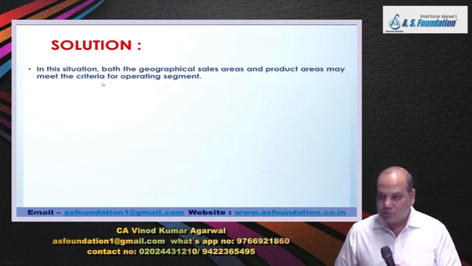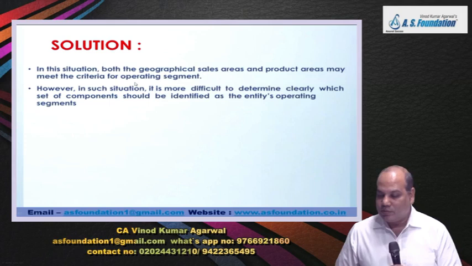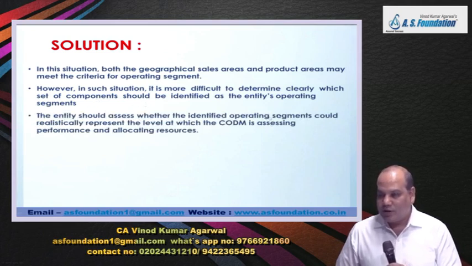In this situation, both the geographical sales area and the product area may meet the criteria for operating segment. In such situation, it is more difficult to determine clearly which set of components should be identified as entity's operating segment.